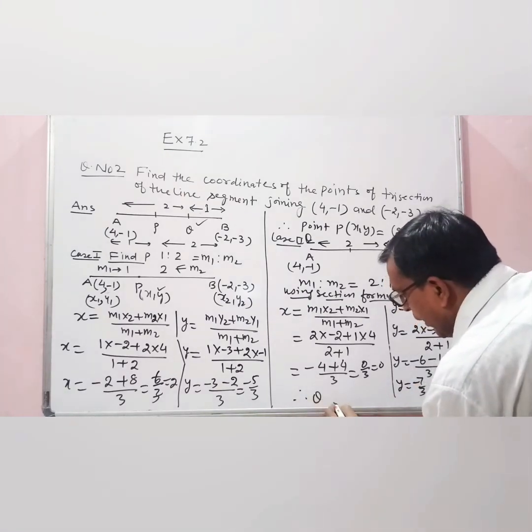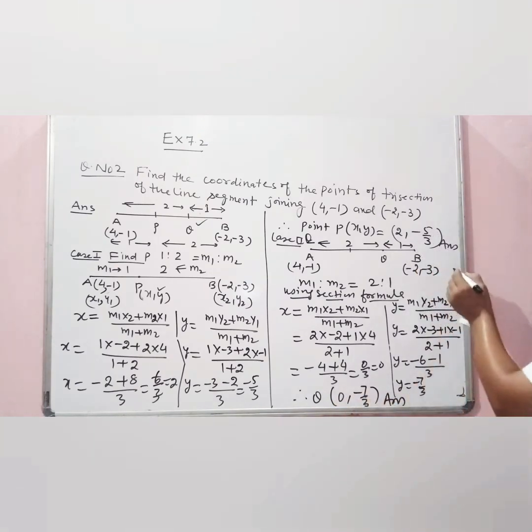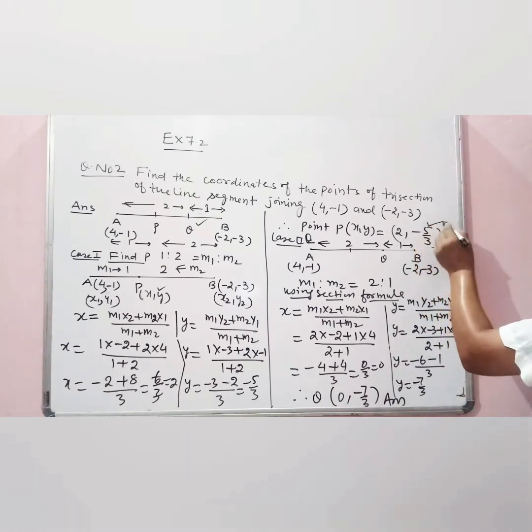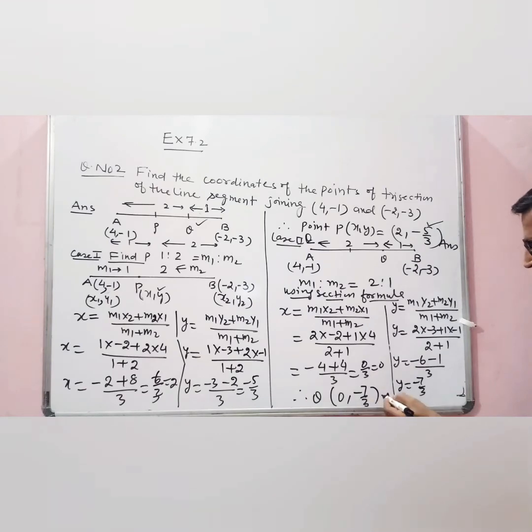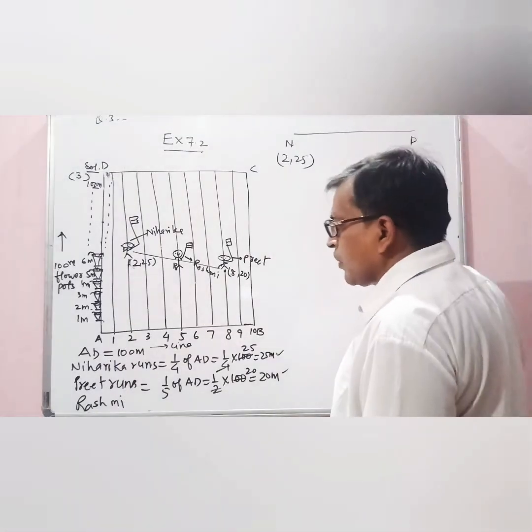Therefore Q point is 0 comma minus 7 upon 3. Answer. So P is 2 comma minus 5 upon 3, Q is 0 comma minus 7 upon 3. Answer. This is the question number 3 solution.